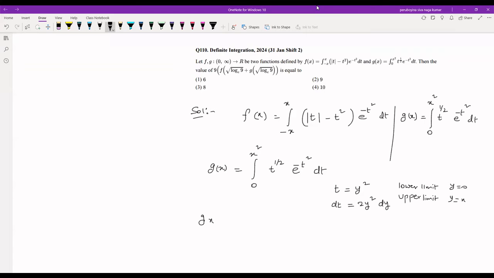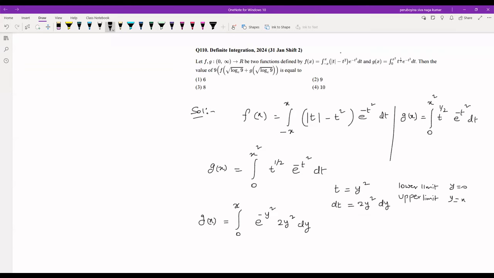Therefore g of x is equal to the integral from 0 to x of e power minus y square, because it is t square, and 2y square dy.